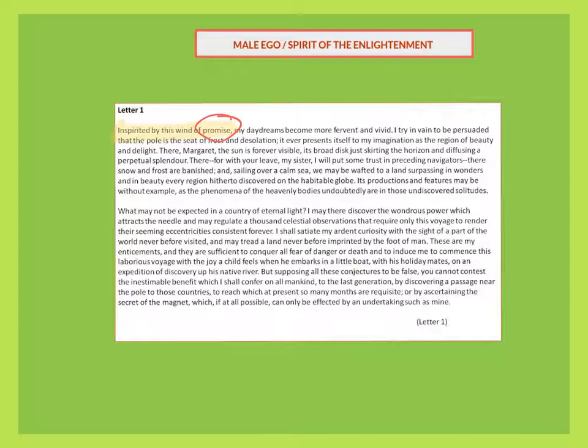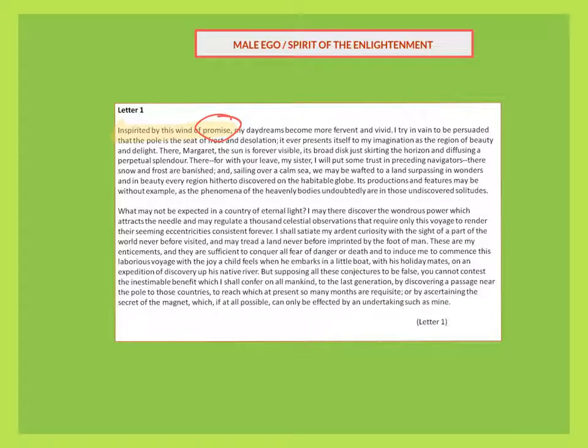Even if you did want to look at someone like Steve Jobs, someone who has made watershed moments in history in terms of technological, scientific, medical advances. This is the thing which drives Robert Walton, as we can see here.